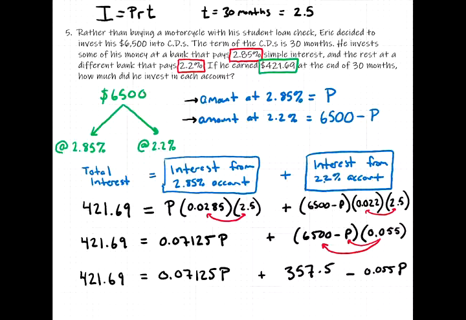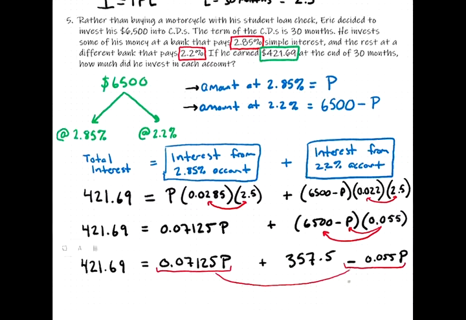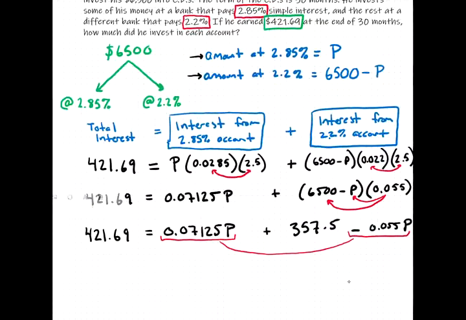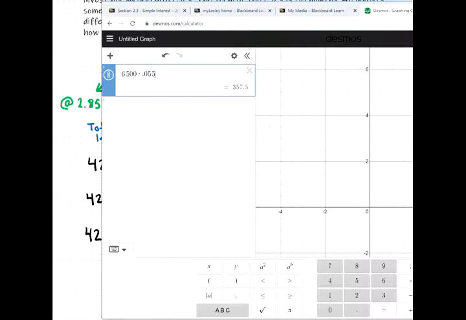But we can take this and combine these two. All right, so we have 0.07125 minus 0.055.